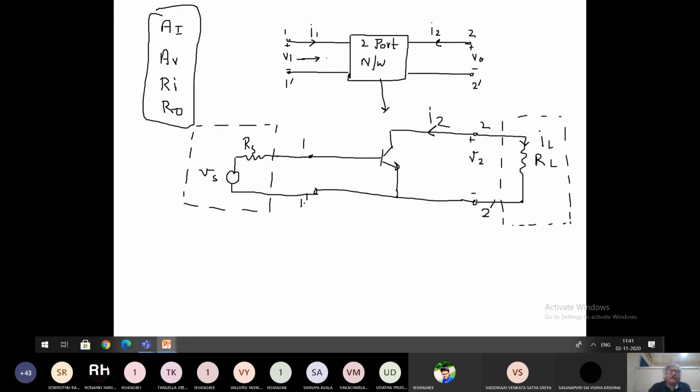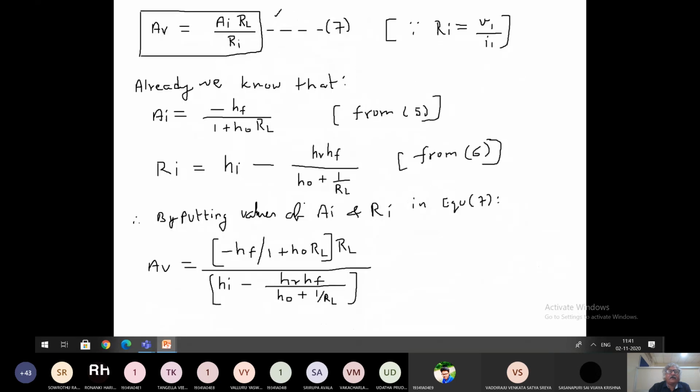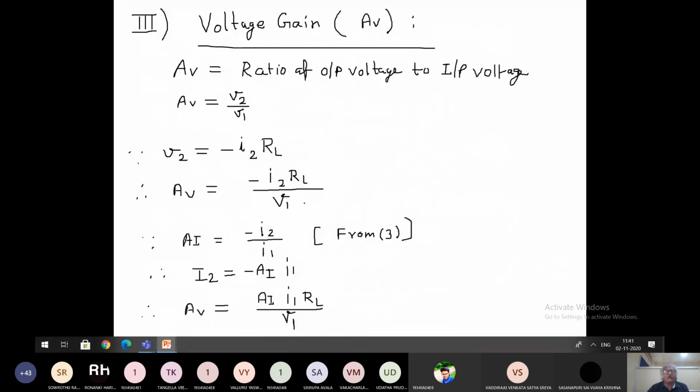Now see AV, voltage gain. How have we calculated voltage gain? If you see this, V2 by V1. So this V2 and V1 were available at the terminals 1 1 dash and 2 2 dash, right?